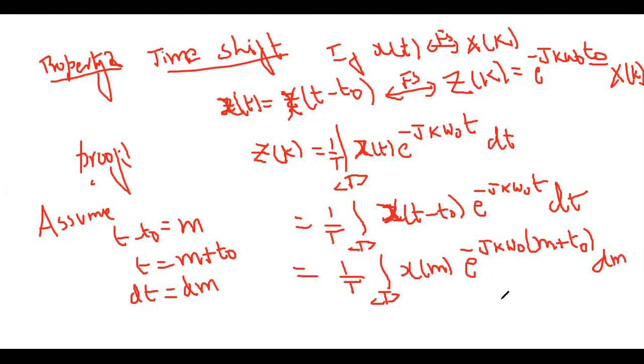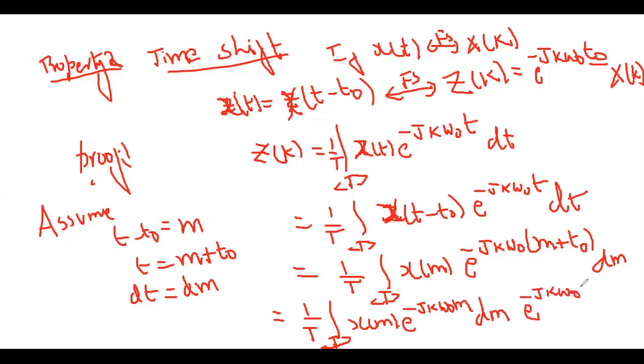So in this exponential, we get two parts. One part is 1 by T into the integral over T of x of m into e power minus j k omega naught m into dm. Another part of the exponential is e power minus j k omega naught into t naught.